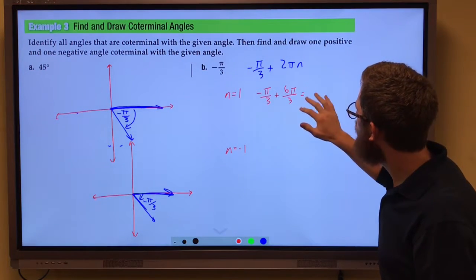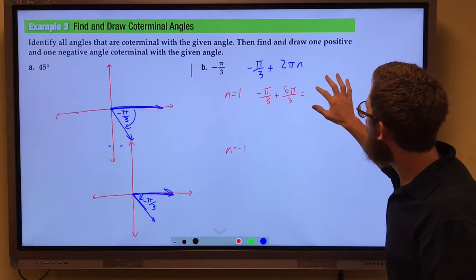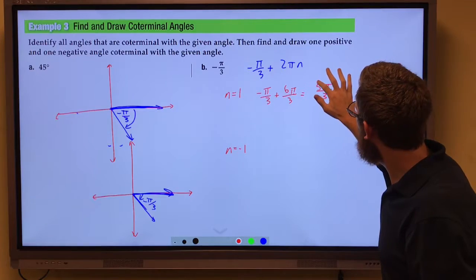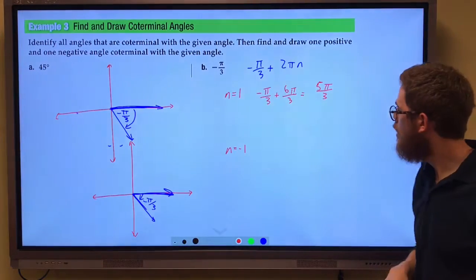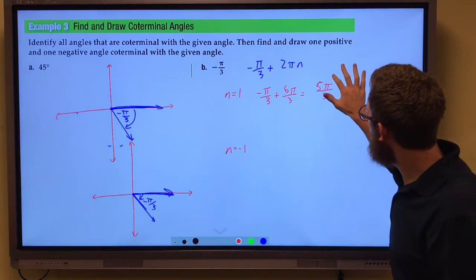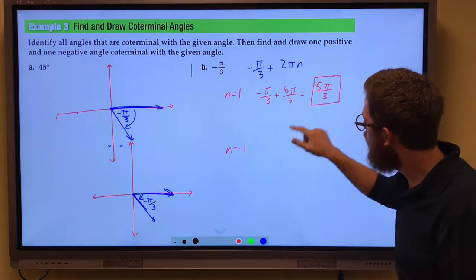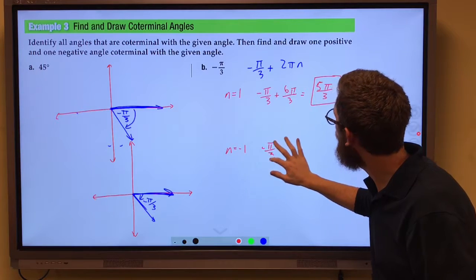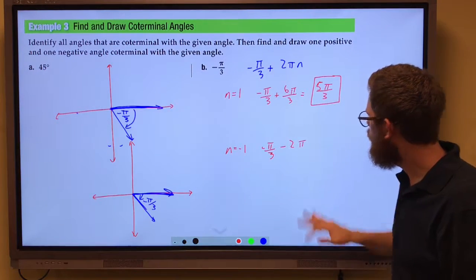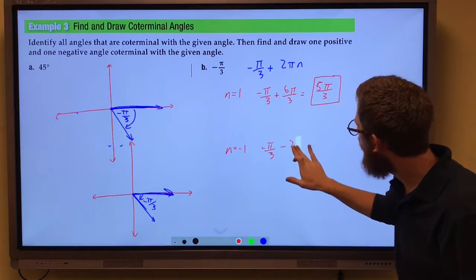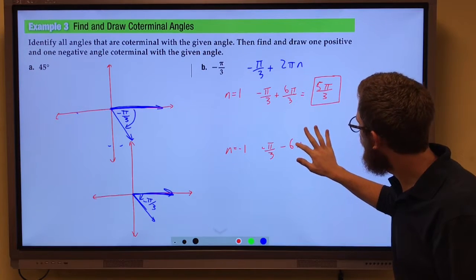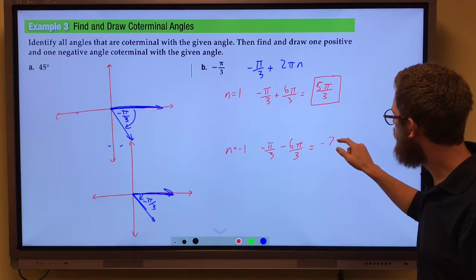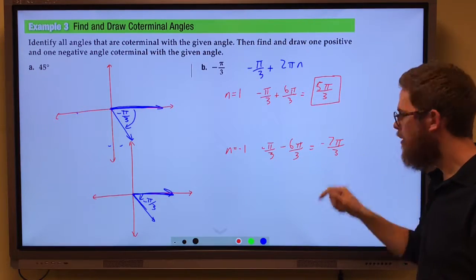And so this comes out to be a positive 5 pi over 3. Down here, if n is negative 1, well, I have negative pi over 3 minus 2 pi. And so that'd be subtracting 6 pi over 3. And this gives me a negative 7 pi over 3.